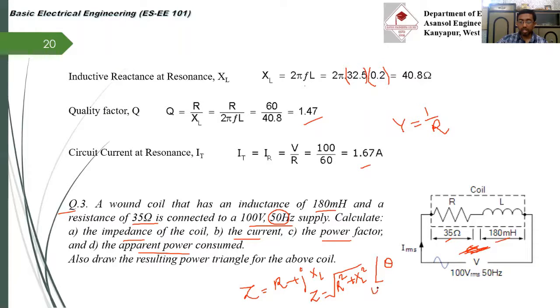What is theta value? Theta is tan inverse XL by R. Clear? Now, this L value is given here 180 millihenry, and frequency is given 50 Hertz. So find out here the XL value, right?